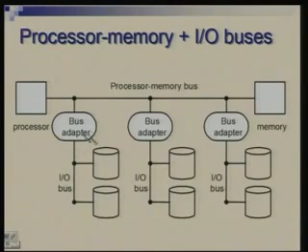Now, why is it that we do not simply connect these? Why would you separate? The reason is that the requirements, the behavior you see here and the behavior you see there, would be quite different. The width of the data could be different. You may be transferring 32-bit or 64-bit data here. This could be, for example, just 8-bit, because you are transferring character by character or byte by byte.